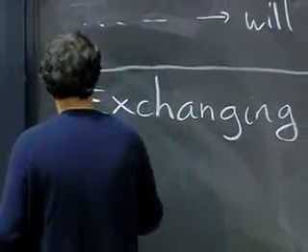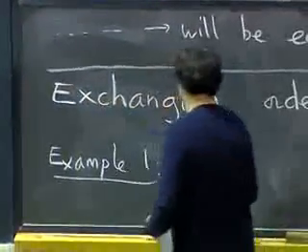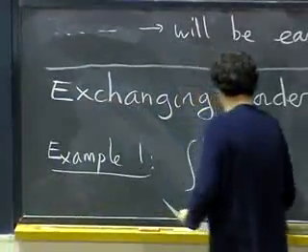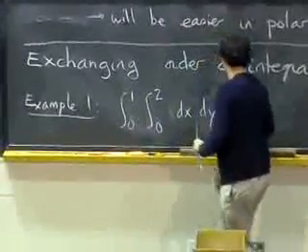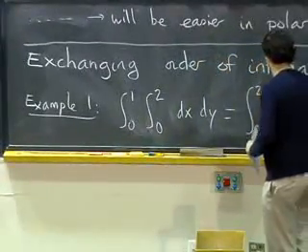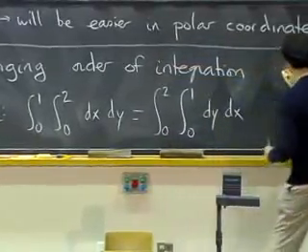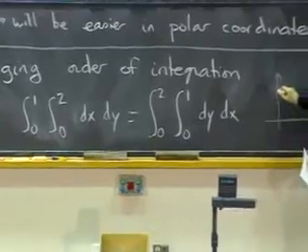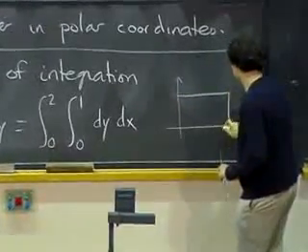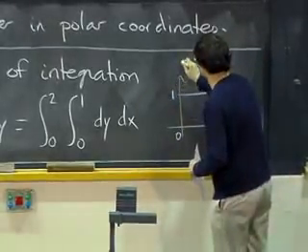Okay, so here's a first baby example. Certainly, if I do the integral from 0 to 1, integral from 0 to 2, dx dy, I can certainly switch the bounds without thinking too much. What's the reason for that? Well, this corresponds in both cases to integrating x from 0 to 2 and y from 0 to 1.